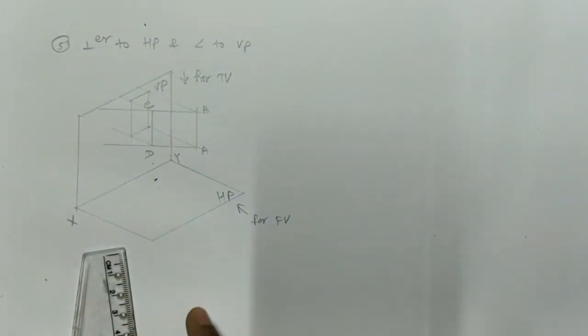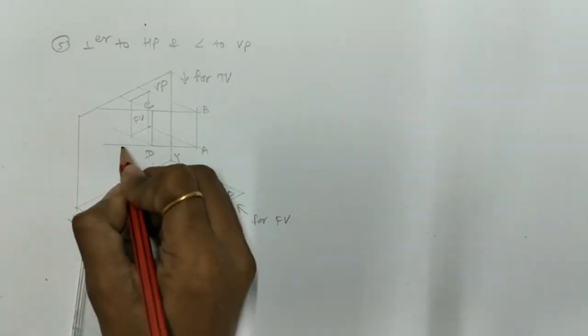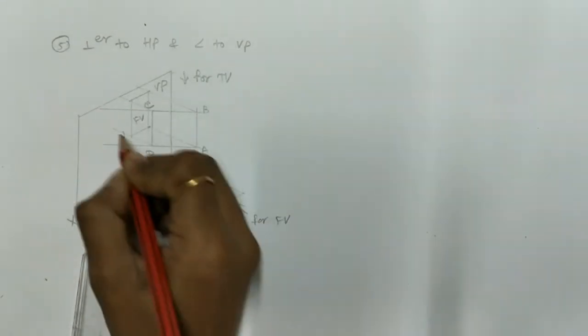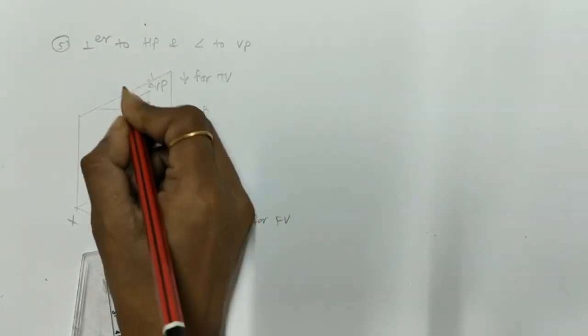So this is front view. Give name D dash. This is A dash, B dash and C dash.